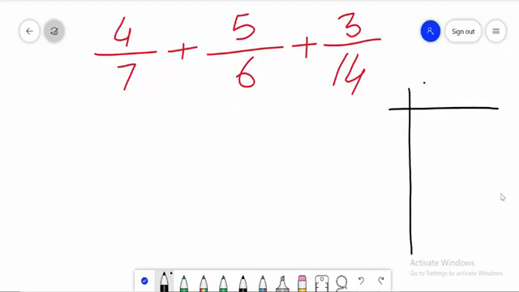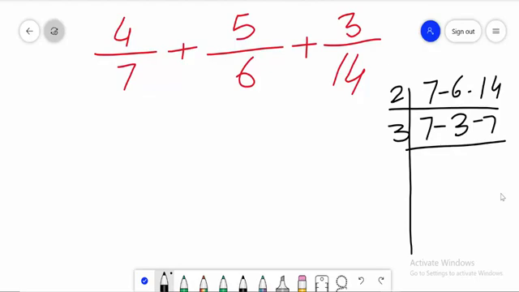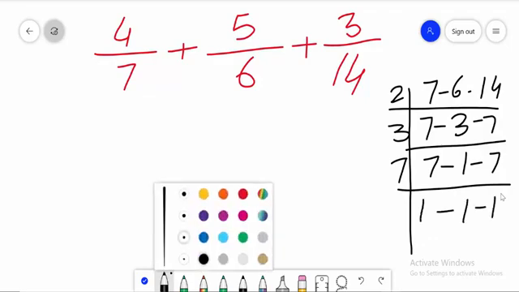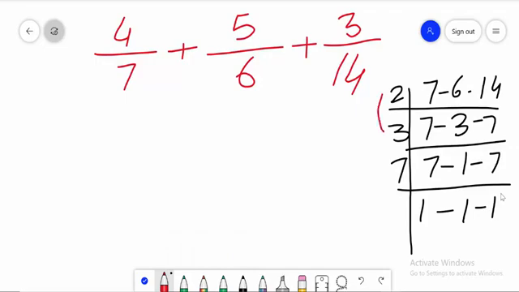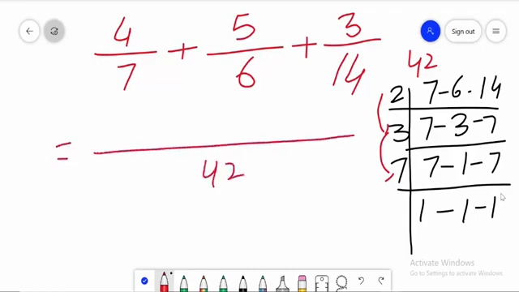Divide by 2: 7 as it is, 2 3s are 6, 2 7s are 14. Now divide by 3: 7 is the same, 1, and 7, 7, 1, 1 and 1. Now simply multiply these factors: 2 3s are 6, and 6 7s are 42. 42 is the LCM, so write 42 over here.